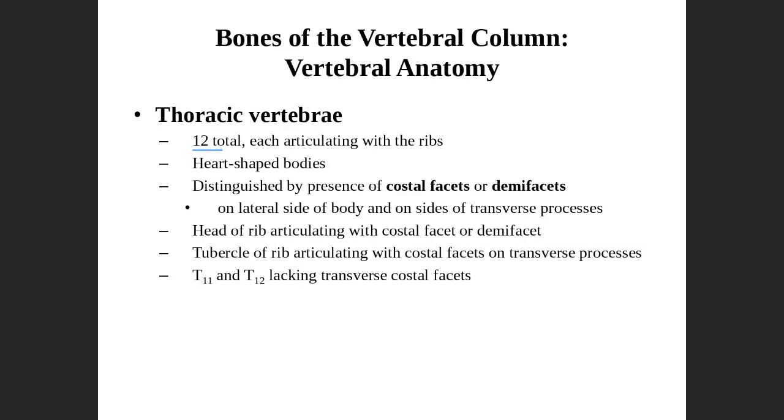You do not have to worry about the costal facets and the demifacets for identification purposes. But basically, these facets have to do with where the ribs articulate onto the thoracic vertebrae. Some ribs articulate directly to the side of the vertebral body.